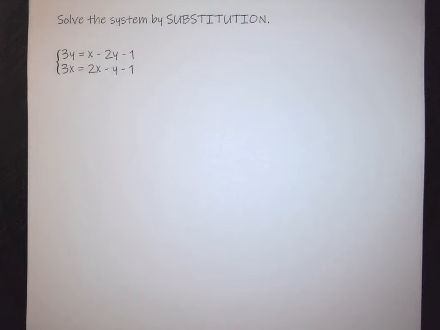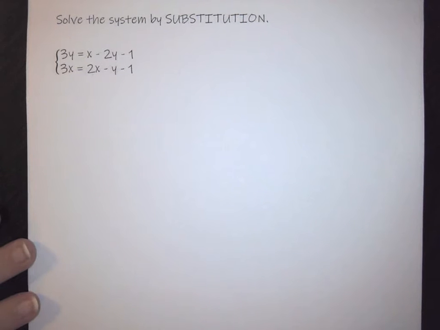You're then going to solve for the only variable that's left, and then take that answer and substitute it back to find your final result. Okay, seems kind of straightforward, can be a little confusing, so let's go ahead and walk through it.